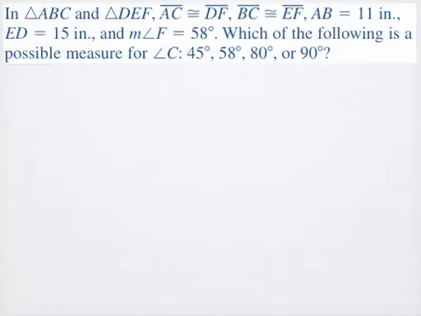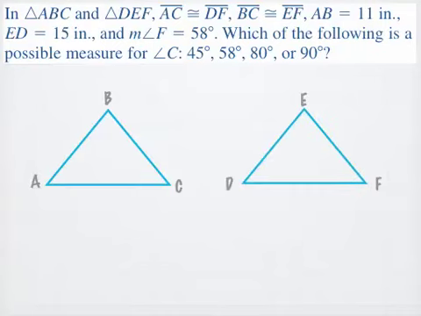So I'm going to start with two triangles. I have triangle ABC and triangle DEF. I'm going to go ahead and mark what they've told me. What they tell me is that AC is congruent to DF, so I'm going to mark that with my tick mark. One tick mark means that they're congruent. It also tells me that BC is congruent to EF. This time I'm going to put 2 tick marks to show that BC is congruent to EF.